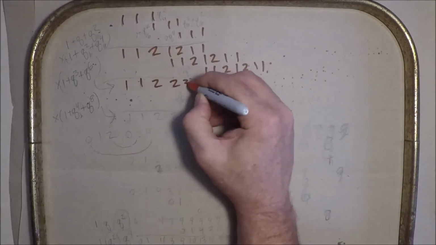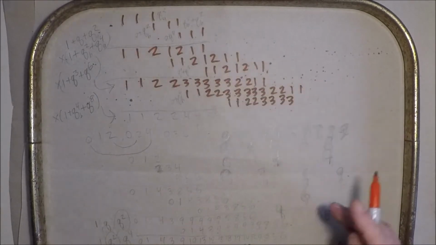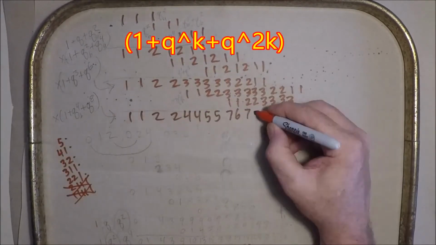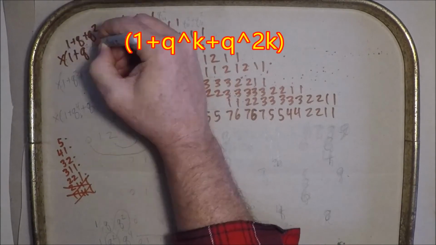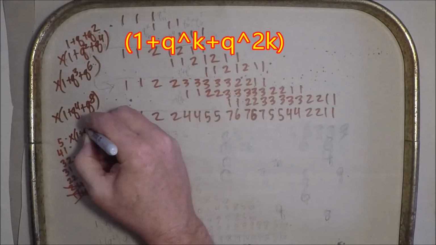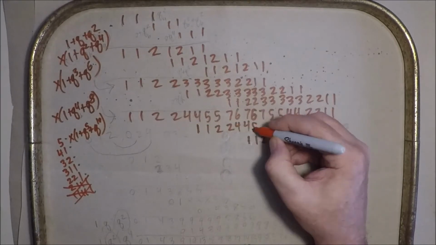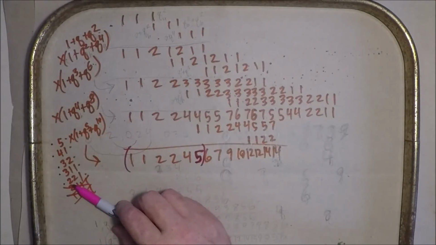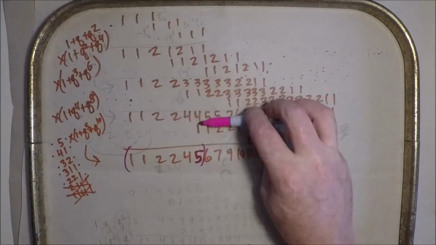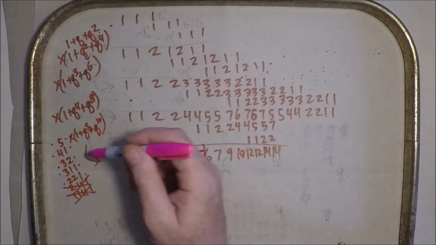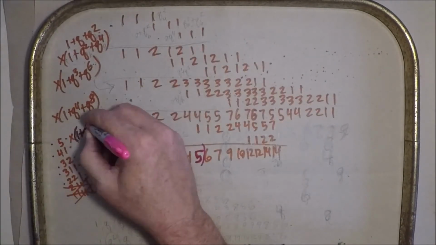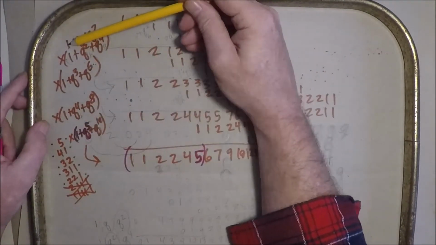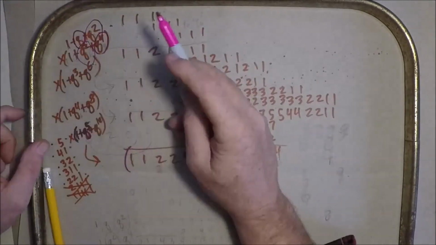Okay, this section was my second attempt to explain in a clever way that when you take the quantity 1 plus q to the k plus q to the 2k and use that quantity as the term in your Q series product, it results in all the natural number k's being counted once, and because of the q to the 2k, all of the even natural numbers in terms of your indicator sequence are going to get pinged twice.